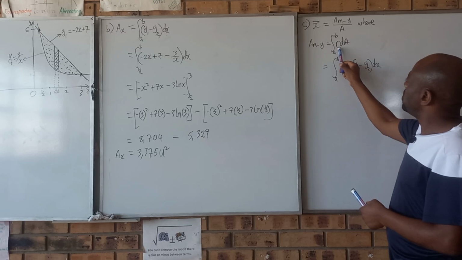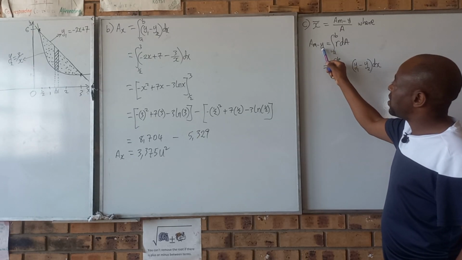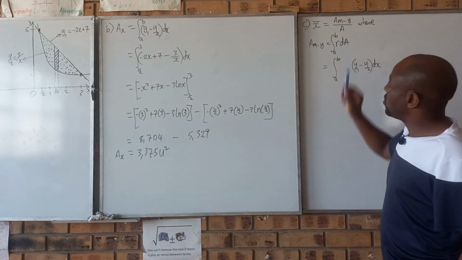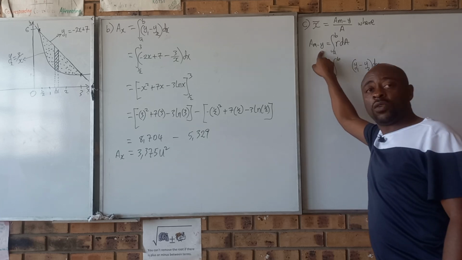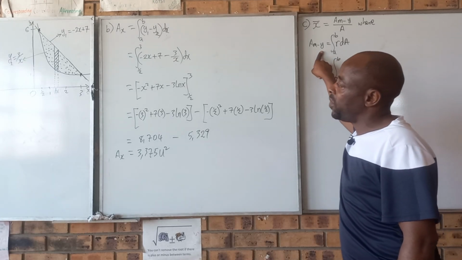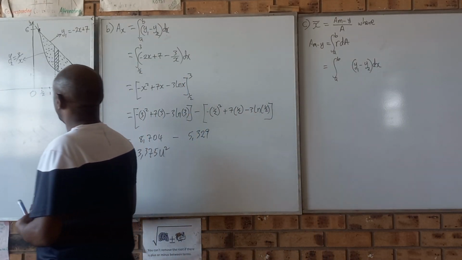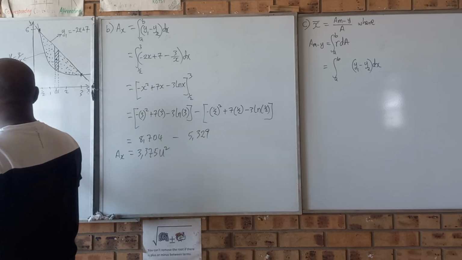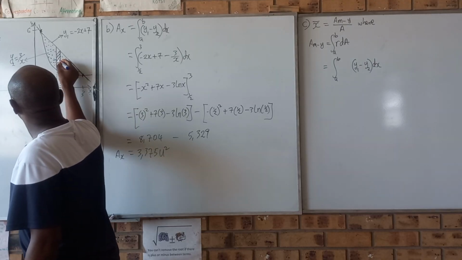Then my r. To get it right, this y-axis is very, very important. To get this one right, I must go back to my diagram. I start from the center of my strip and move to the y-axis and see my direction of movement. So I'm going back to my diagram. I want to start from the center of my strip. Then I move in a straight line till I hit the y-axis.